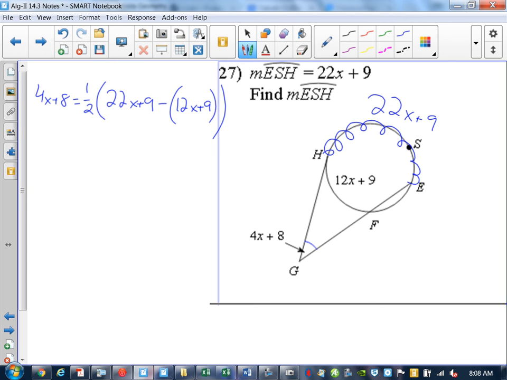You okay with that? So I'm going to get 8x plus 16. So I get 22x plus 9 minus 12x minus 9. And the 9's go away. And you get 22 minus 12.